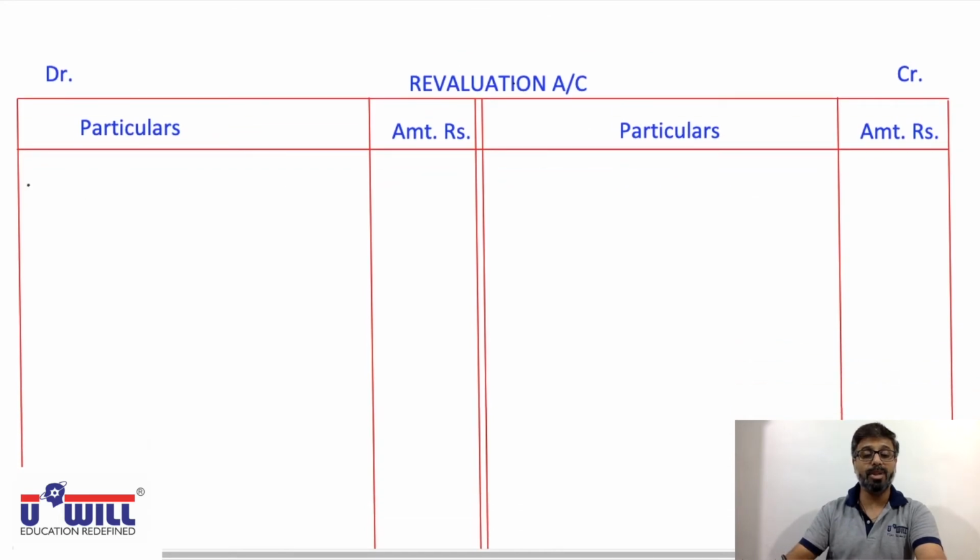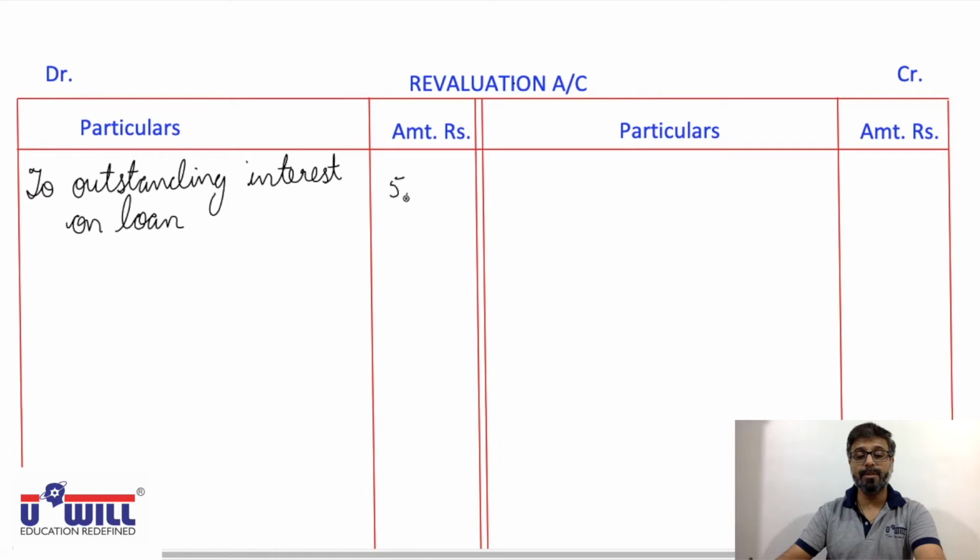Revaluation account debit. So in revaluation on the debit side, to outstanding interest on loan, amount as we discussed 50,000, 10%, 5,000.